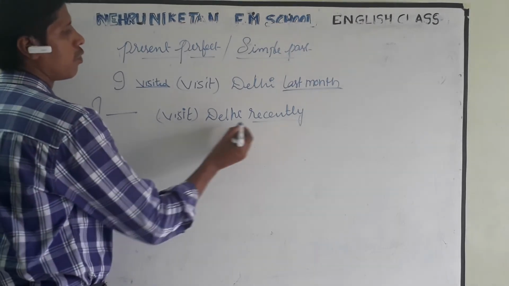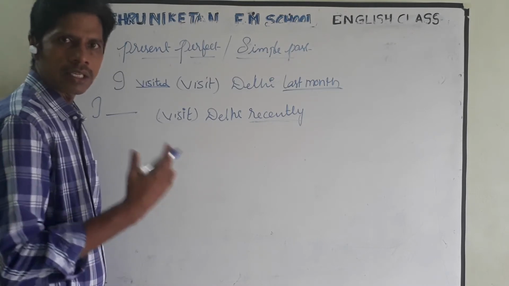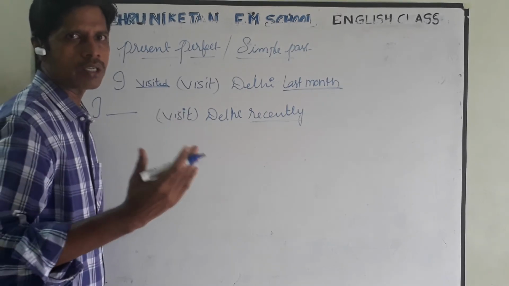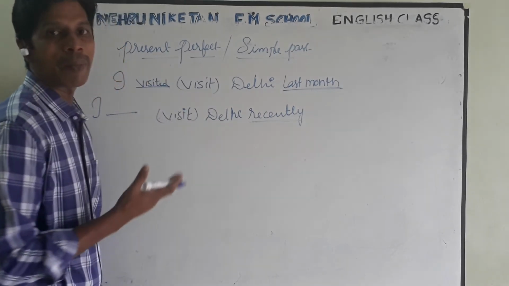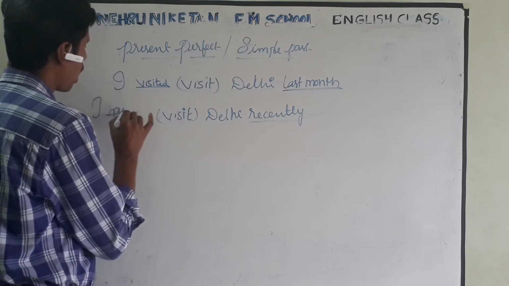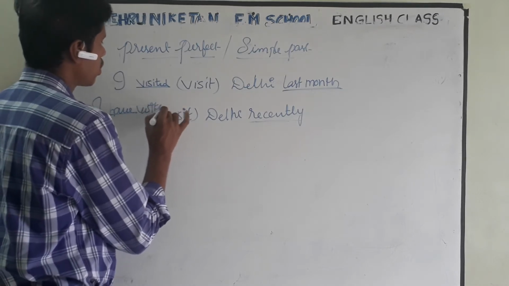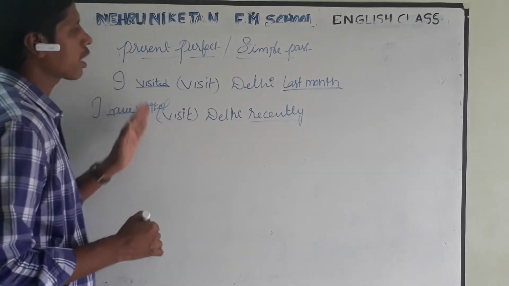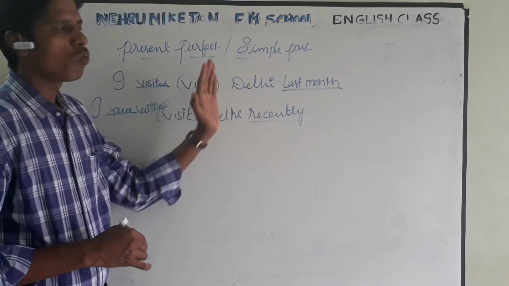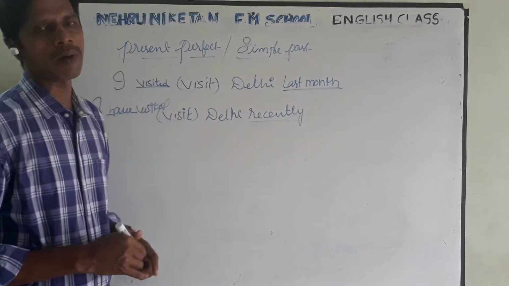So when you see this recently, just now, wait, yet, these are the words that occur in the present perfect tense. Right? Here, I have visited. So children, both are completed actions only. The only thing we have to identify is which is a simple past and which is a present perfect.